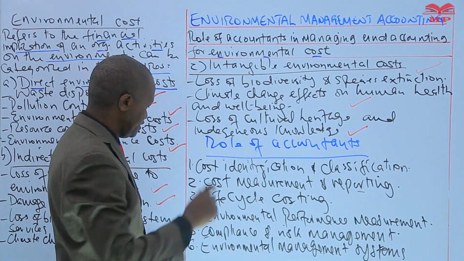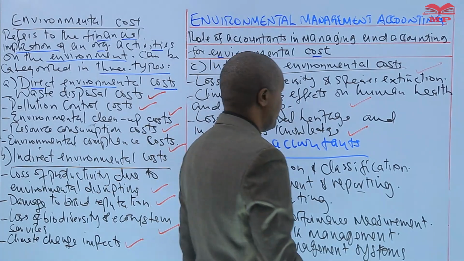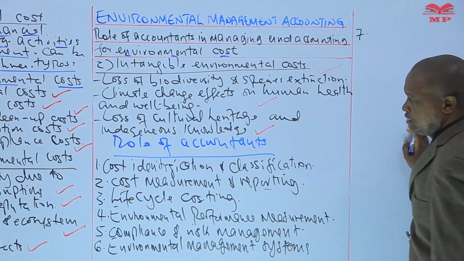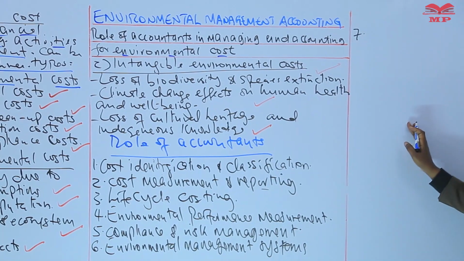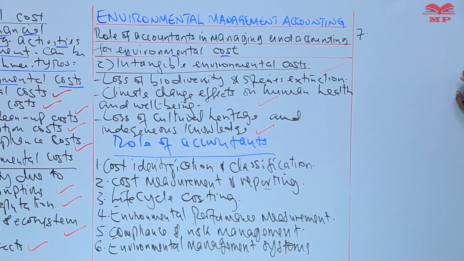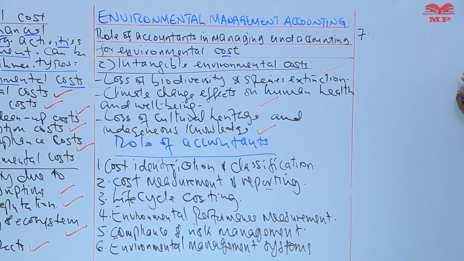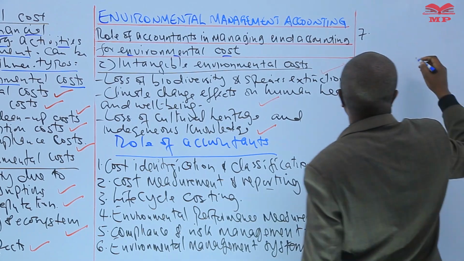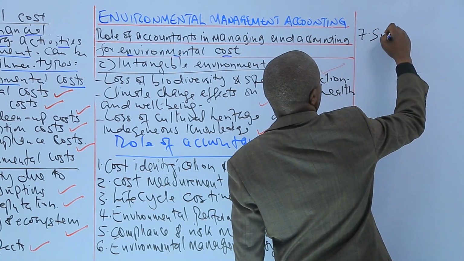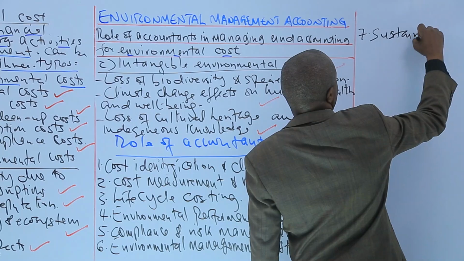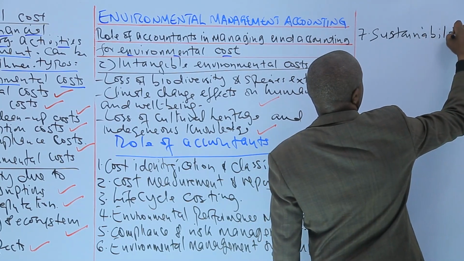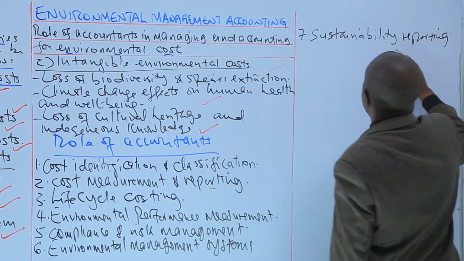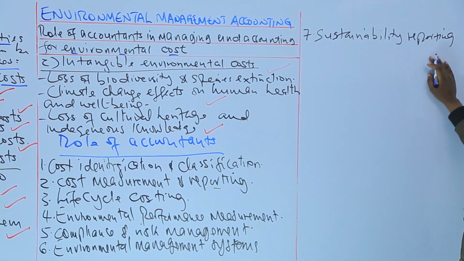I'm going to page 3 for role number 7. The 7th role of accountants in accounting for environmental costs is sustainability reporting.